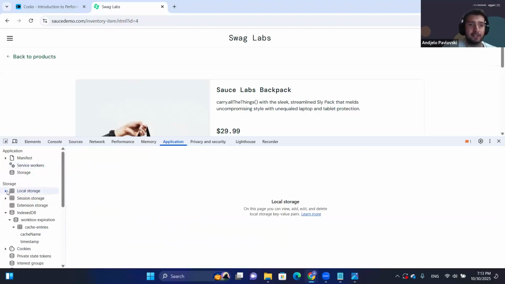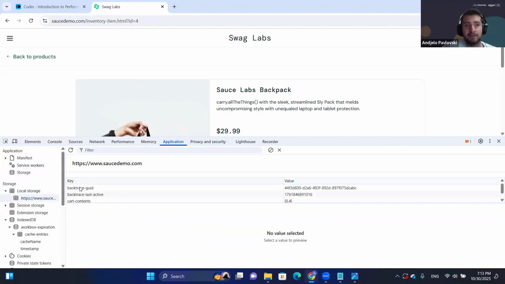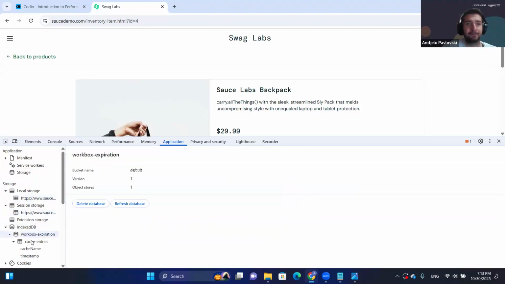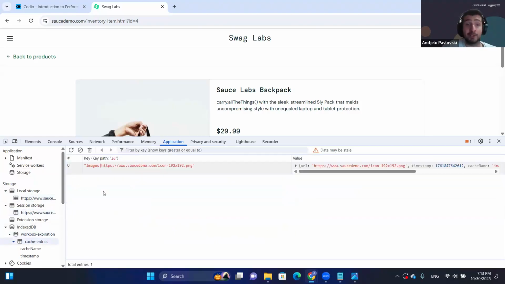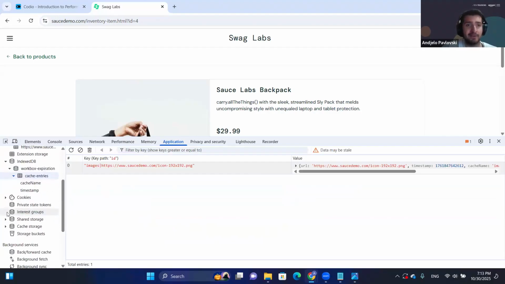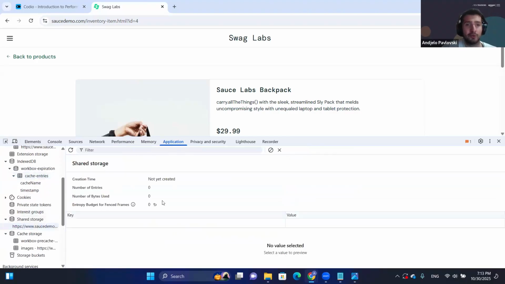If I click on this, you can see what keys are used inside here with the values that are assigned. Again, this is not something that you can access inside their database. This is just some data that is needed for this domain. You can also see the other databases like this. Again, sensitive information will definitely not be displayed here. If you have any concerns about that, this is just checking if everything is in order.